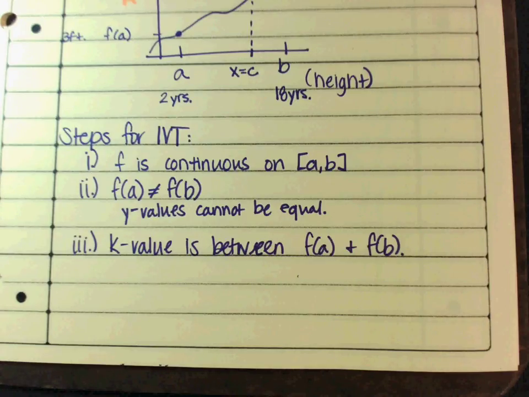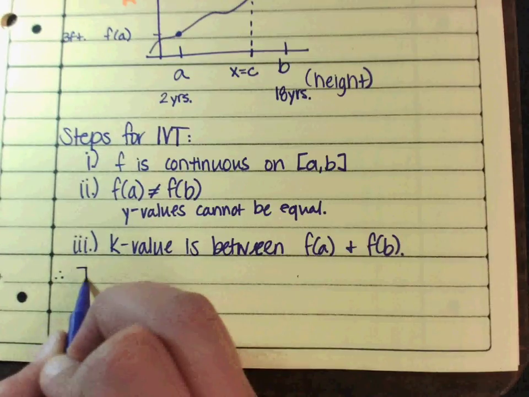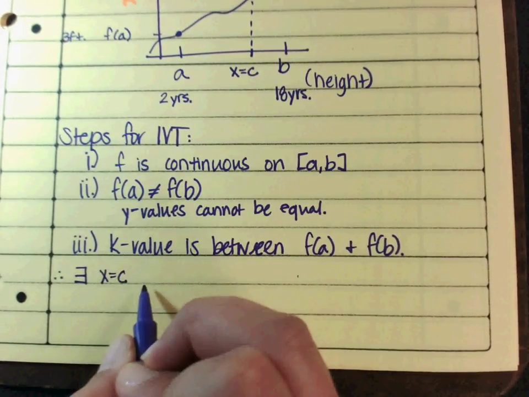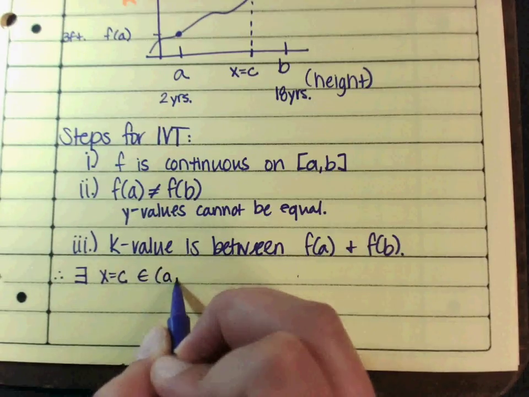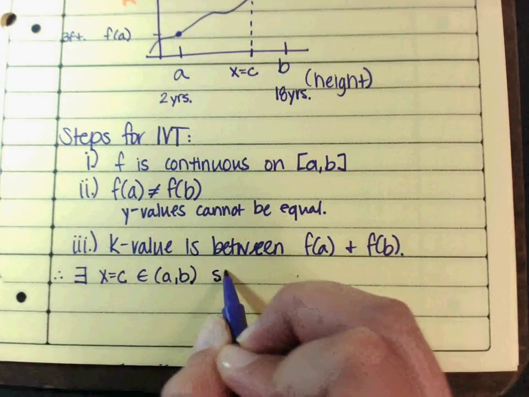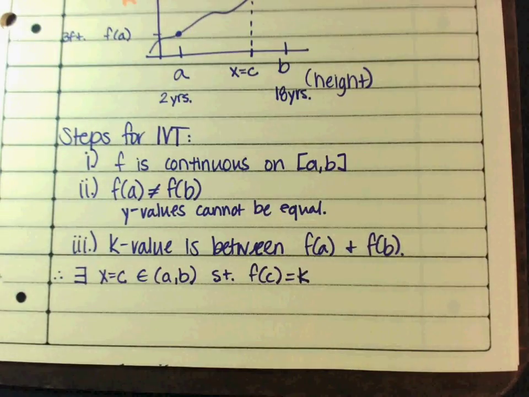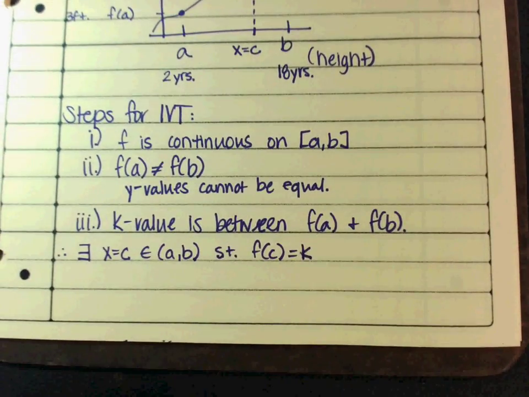I want you to write it because you have to get used to all those symbols. So, therefore, there must exist an x equals c within A to B such that f of c equals k. So there has to be a c between A to B so that f of c equals k.